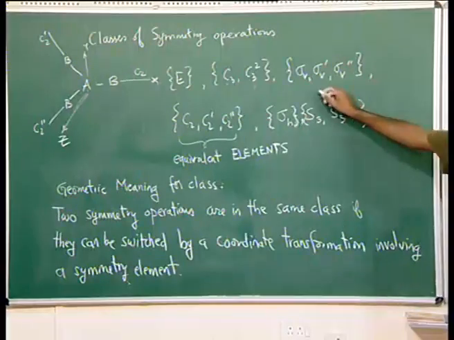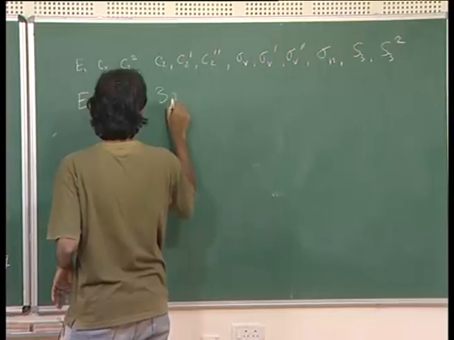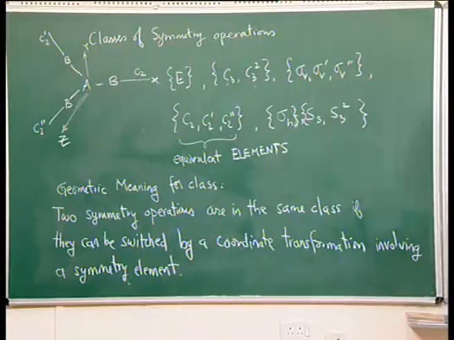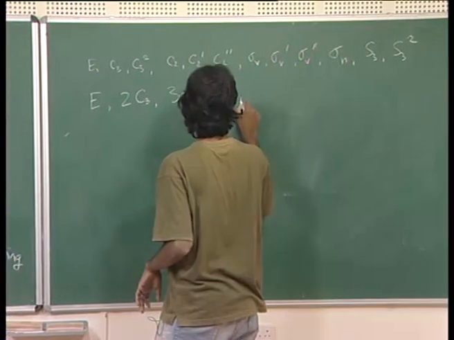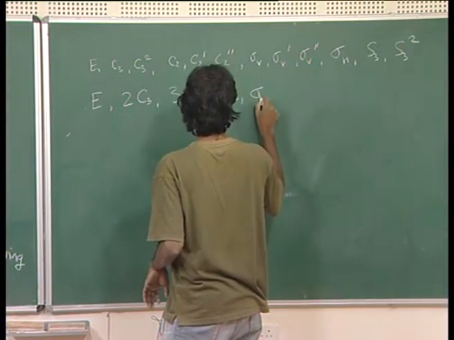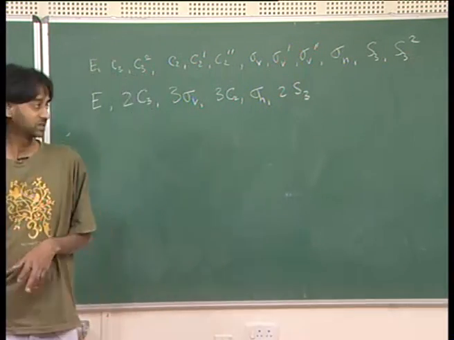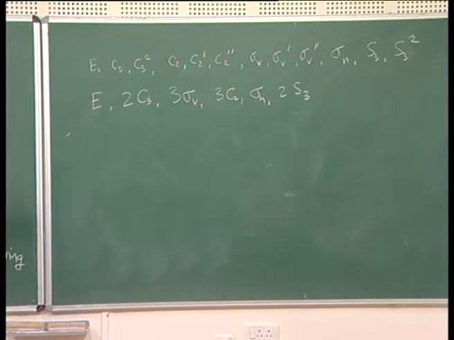There are 3 sigma V's, 3 C2s, sigma H, and 2 S3. So, we will list the operations in this manner.